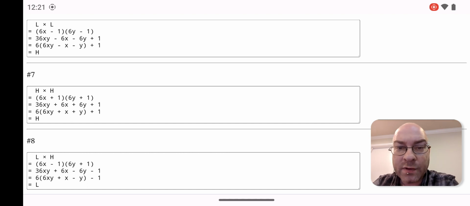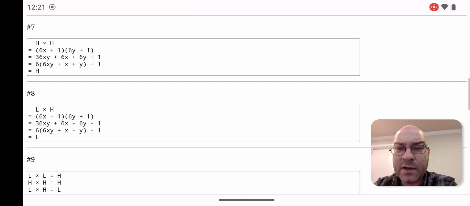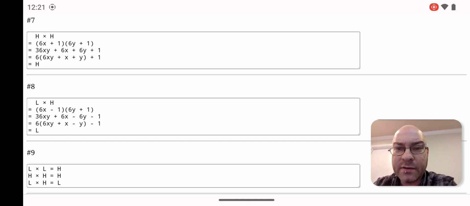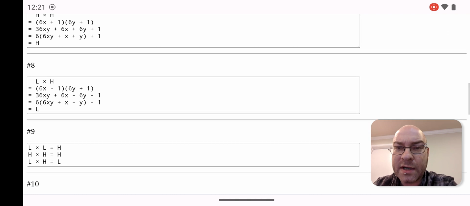And if we work through that, we eventually get 6 times (6xy plus x minus y), all of that minus 1. Well, the form of that is 6 times some number minus 1, so that's a low. So when we multiply low by high, we get a low. All right, that's interesting. Okay, well, that's our summary here in section number 9.